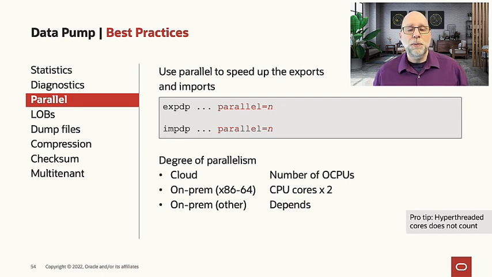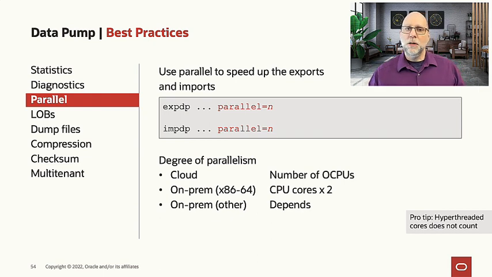But on other CPUs like PowerPC, like SPARC, you may find as many as 8-way hyperthreading. So you can't depend on CPU count in those cases. You actually have to know how many physical cores there are on the system, because generally system I/O is balanced to physical cores, not to hyperthreading.